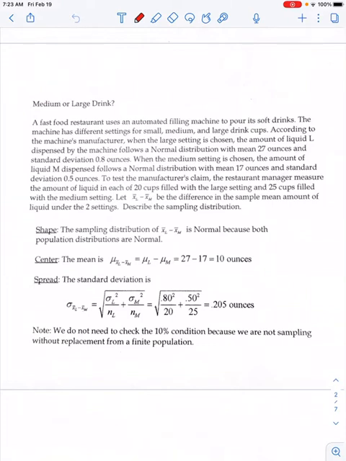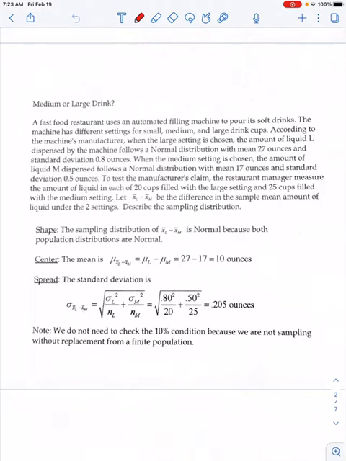So here's a problem, and it's just going to talk about the shape, center, and spread, okay? Medium or large drink. A fast food restaurant uses an automated filling machine to pour its soft drinks. The machine has different settings for small, medium, and large drink cups.